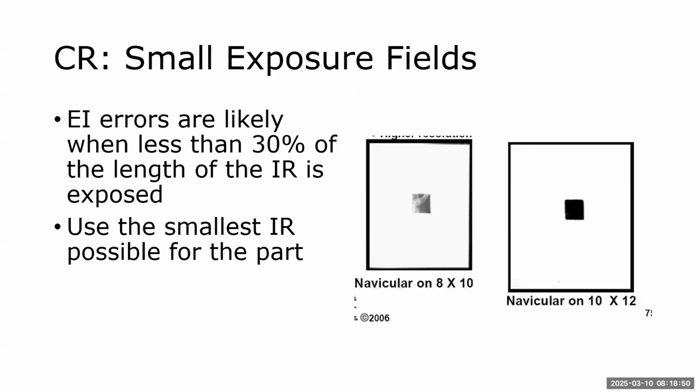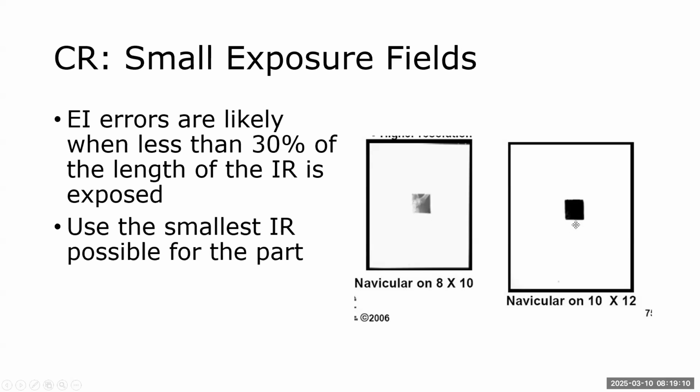With CR, another thing that we had issues with is if we didn't use at least 30% of the length of the IR. You can see that if you did a navicular on an 8x10, it would display properly. You had it right in the middle. There are 4 collimated borders.